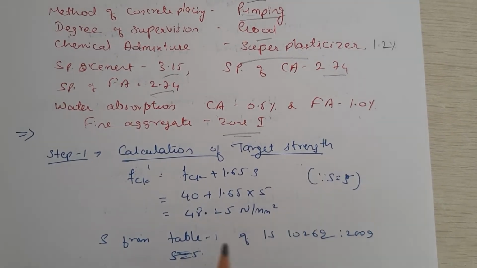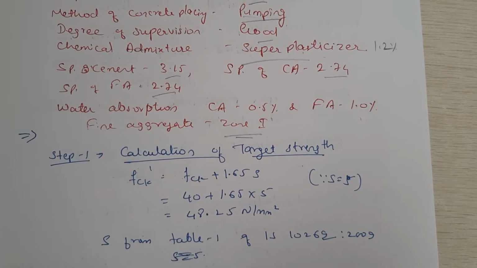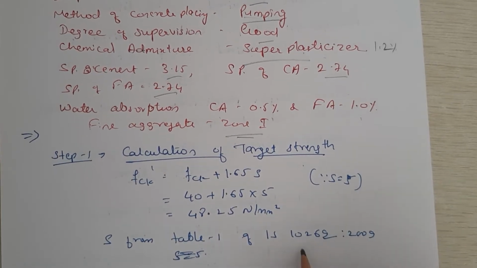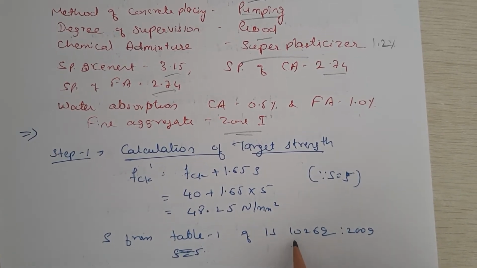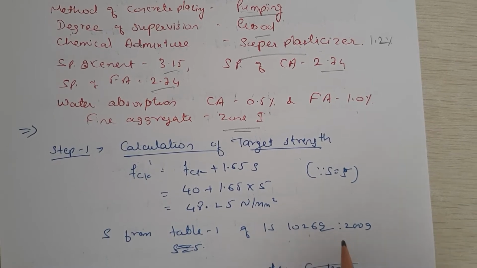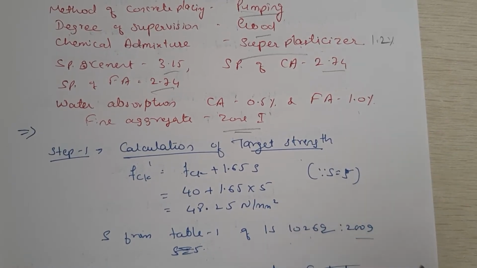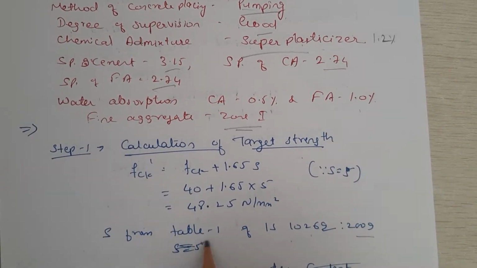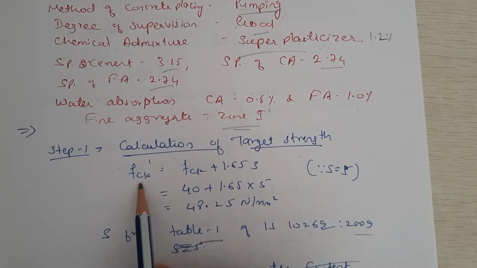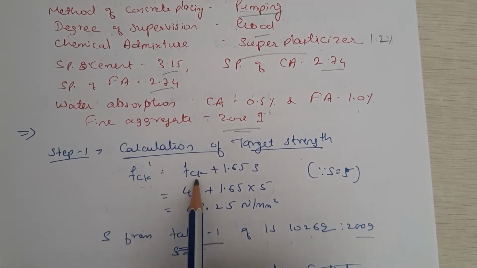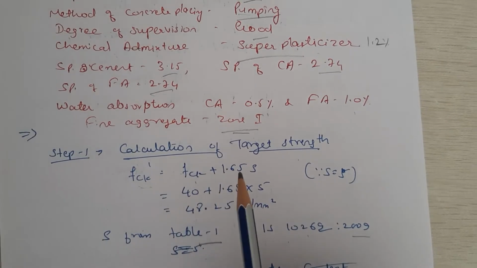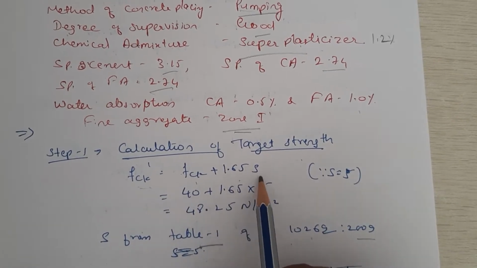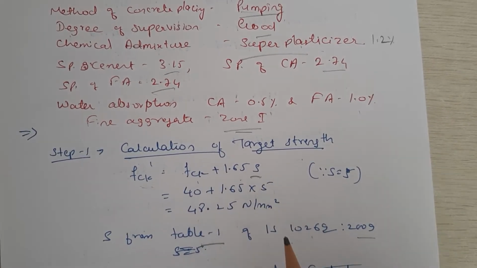As we know, for target strength, from IS 10262:2009, Table 1, we have the formula f'ck = fck + 1.65 × S, where S is the standard deviation.